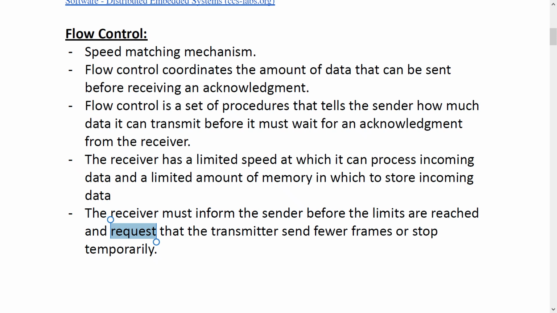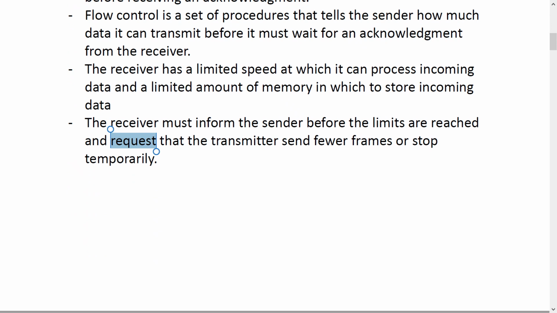Is my link good or bad? Is there too much noise or not? Is there interference or not? Is the link congested or not? Is the buffer full or not? All these factors and others are taken into account in deciding how much data the transmitter should send to the receiver so that the receiver can receive the data successfully.